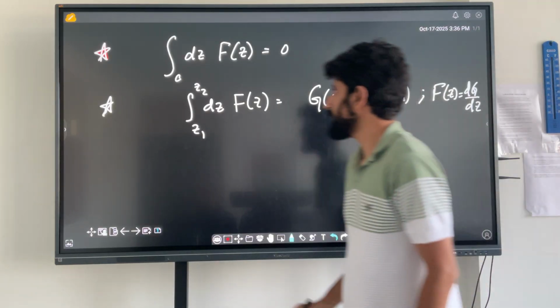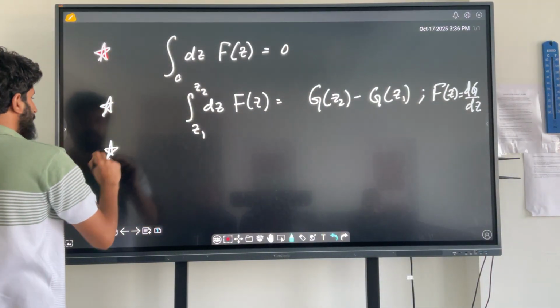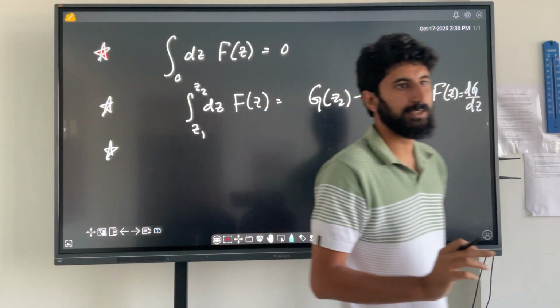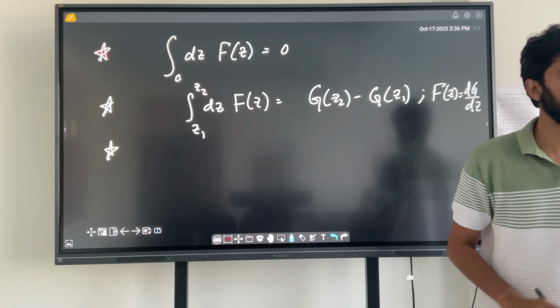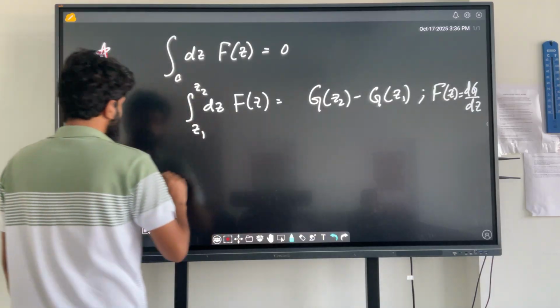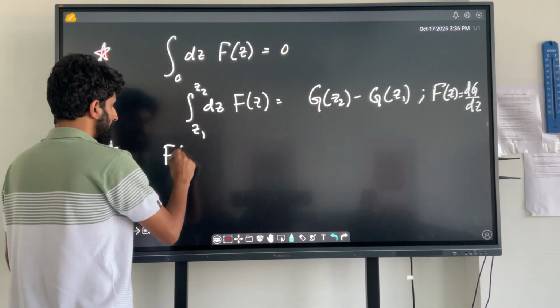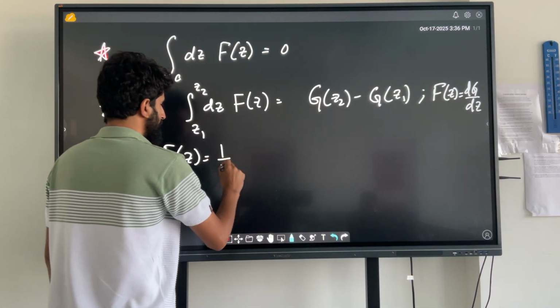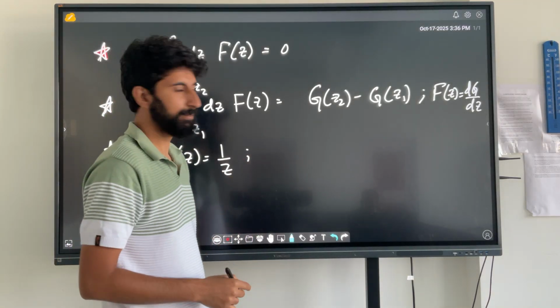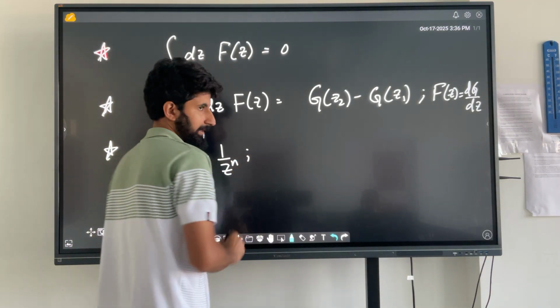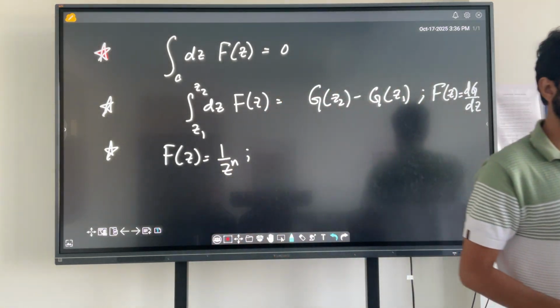Then we learned that, okay, let's consider functions which have a single point of non-analyticity. The function we took was f of z equal to 1 by z. In fact we did a bit better, 1 by z to the power n, where n is some positive integer.